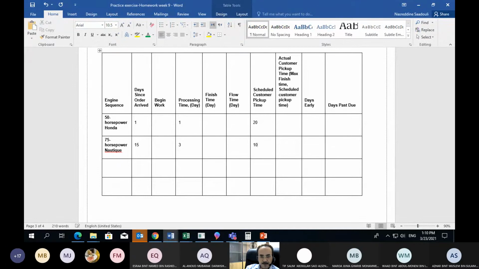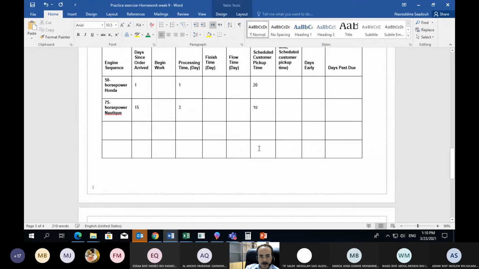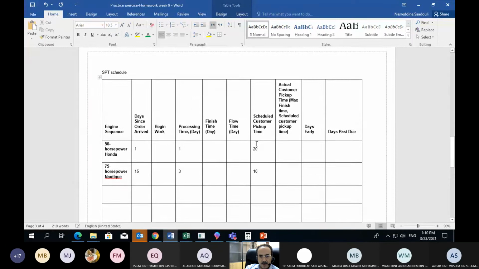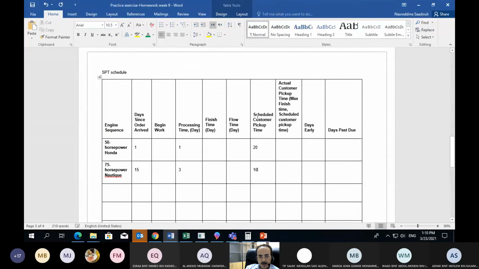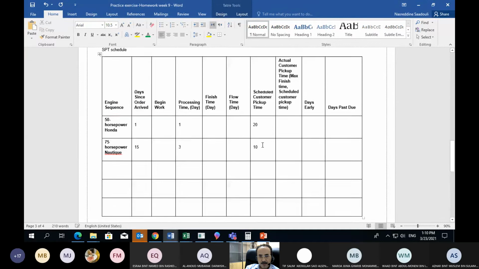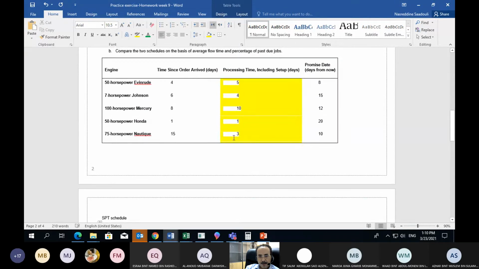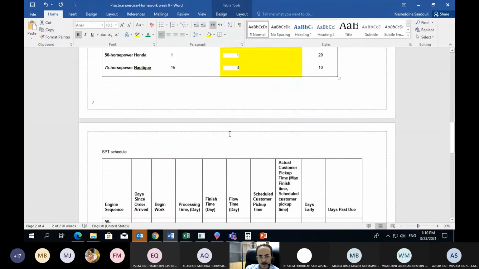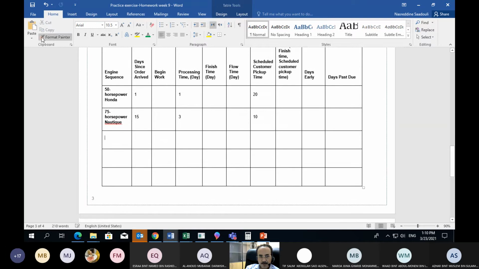This is data. The following job is, so we have 1, 3. The next one is this one. So it's the job, the 7 horsepower Johnson.